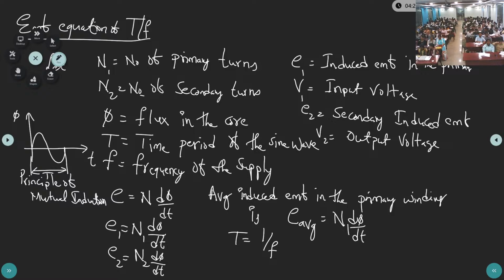Right. So here, at what time are we getting maximum flux? Total time is T. It is T by 2. At what time are we getting maximum flux?